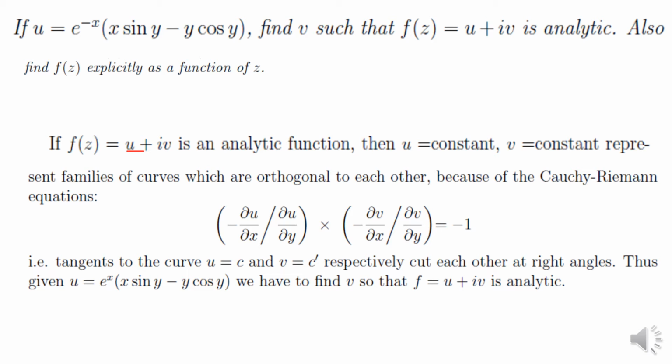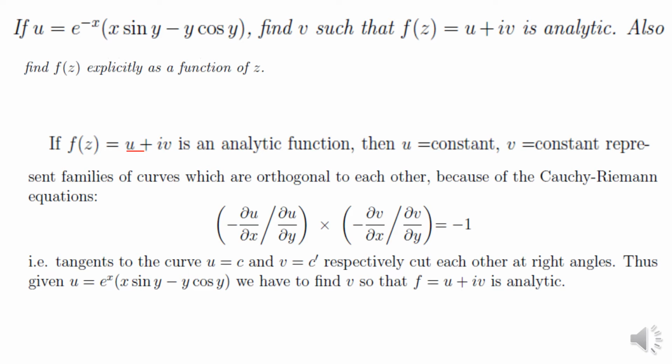So they are at 90 degrees to each other, and by the Cauchy-Riemann equations we can write this expression, because we are talking about the property that they are at 90 degrees. So we can write that the product is equal to minus 1, because we know del u upon del x is equal to del v upon del y.